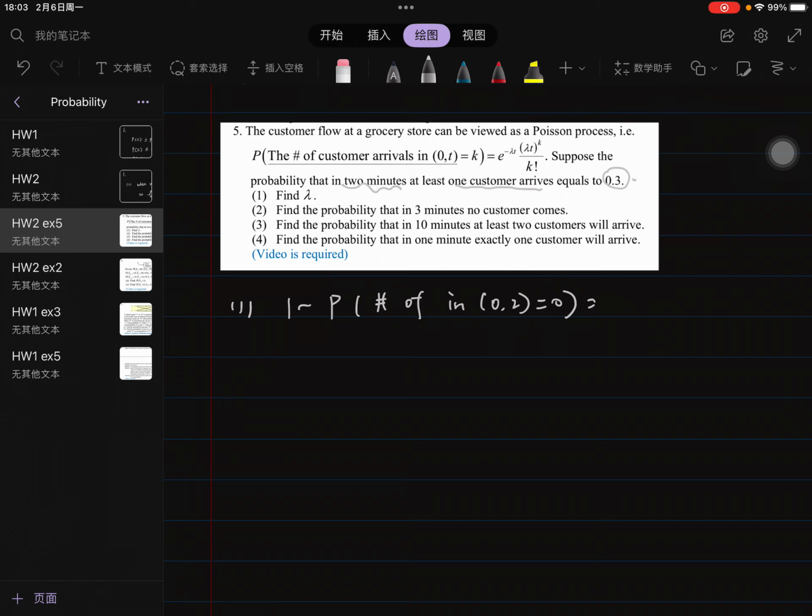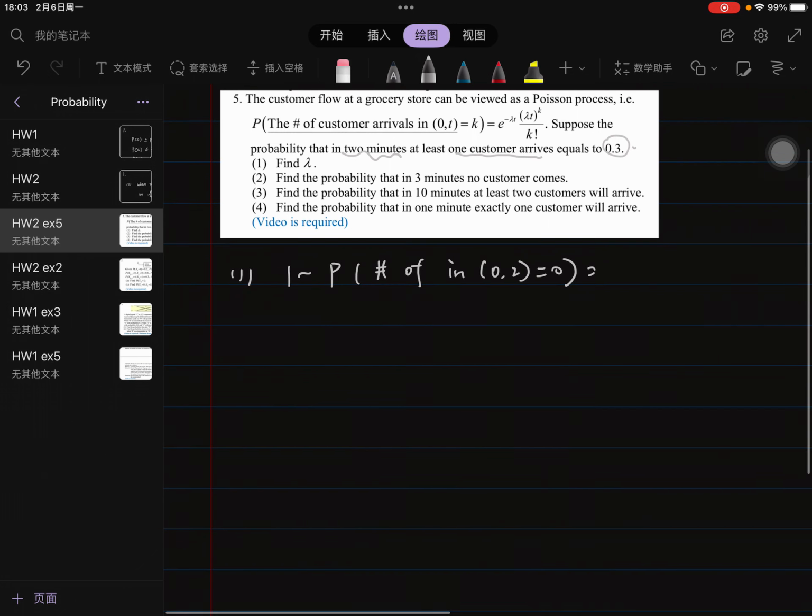So that means at least one customer. Since we use 1 minus the probability that the number of customers equals 0, right?